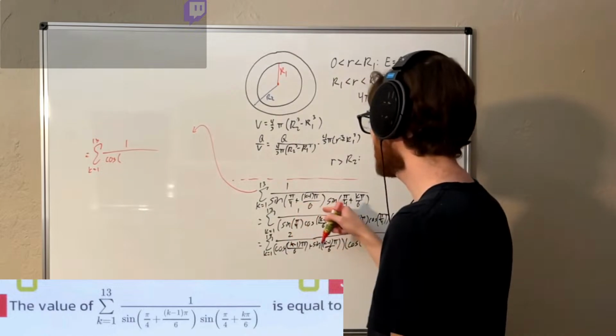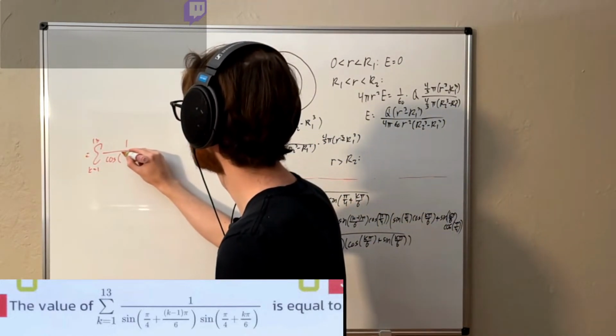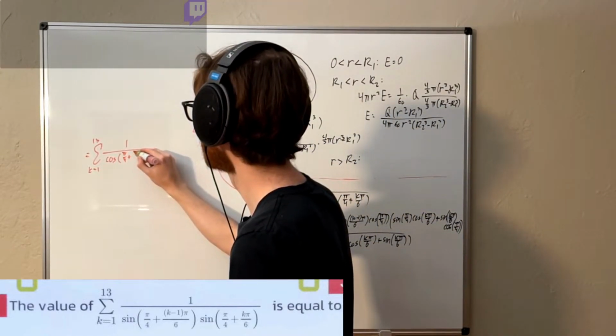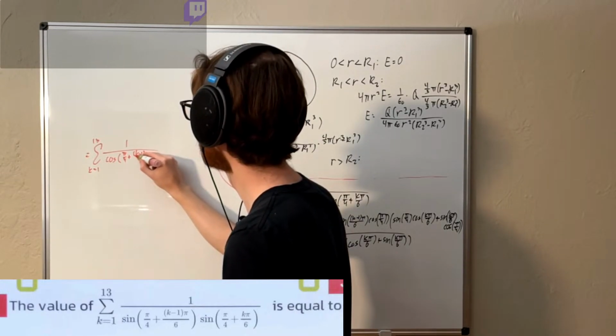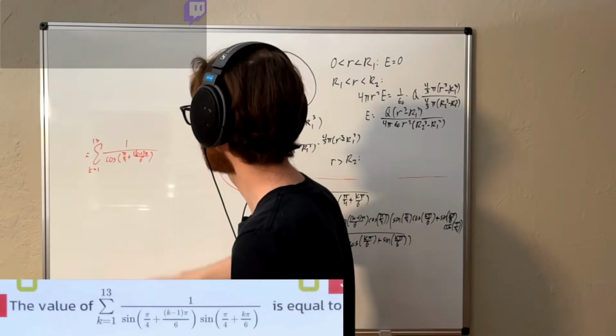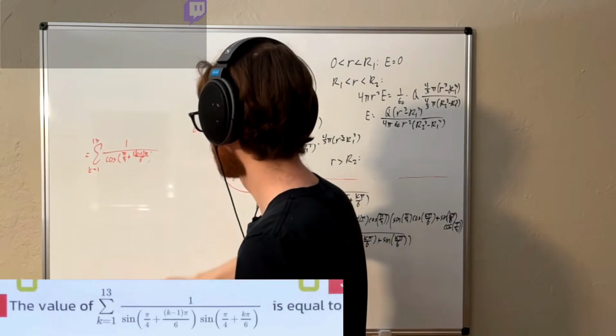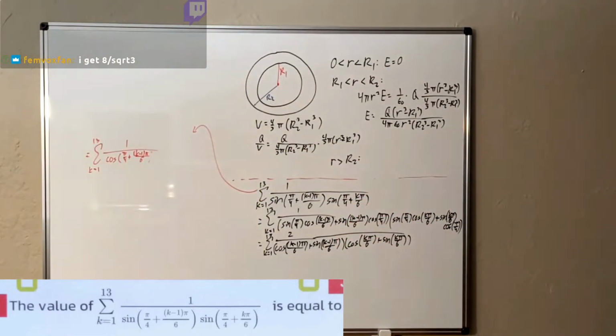Cosine theta is that entire thing. Oops. Minus whatever's inside the sine, I think.